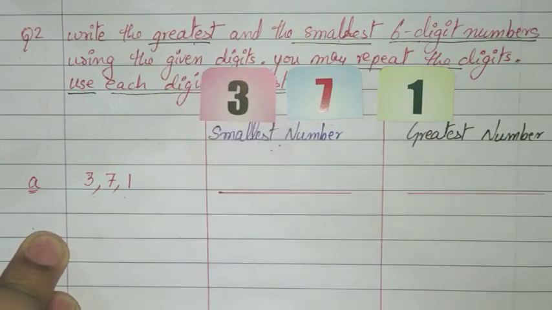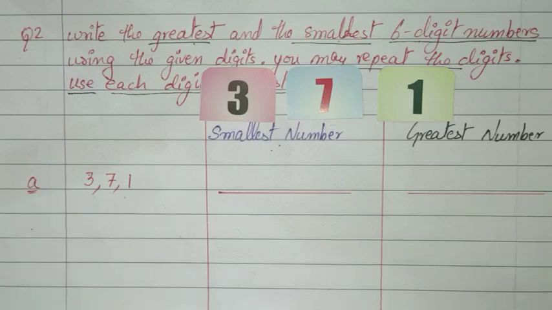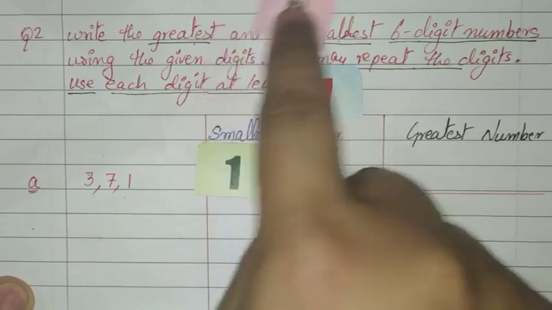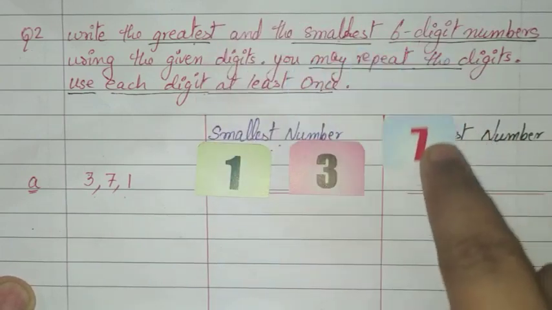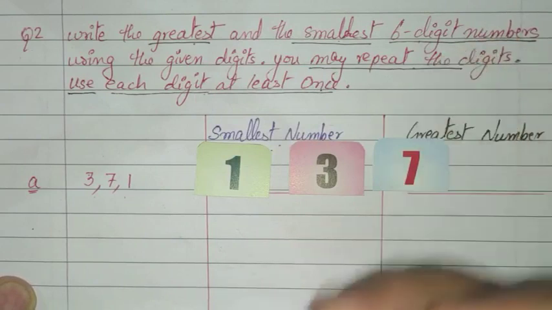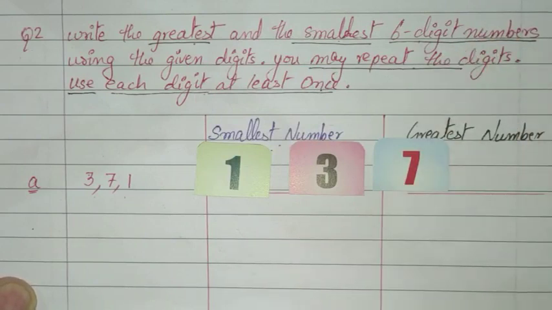Now step 1 is to form smallest number. Arrange the digits in ascending order. In ascending order 1, 3 and 7. These are only 3 digits and you have to form the 6-digit number. Which number you have to repeat?